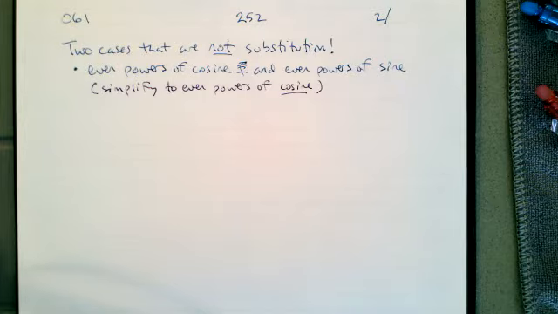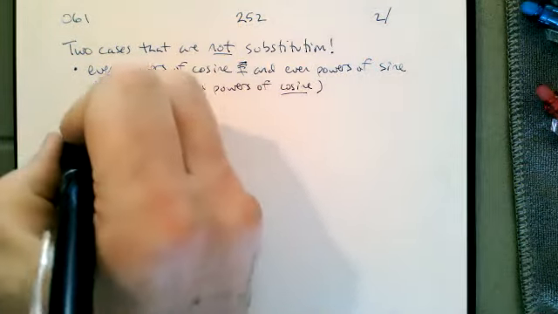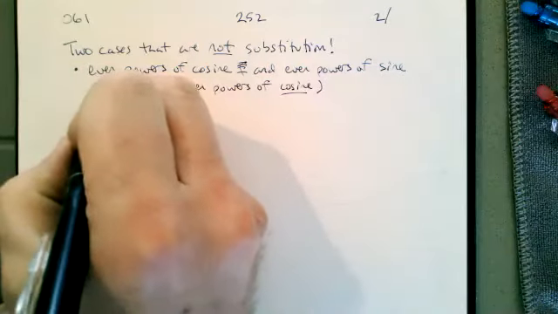Case number 2 is odd powers of secant paired with even powers of tangent. Neither of our secant and tangent substitutions will work.